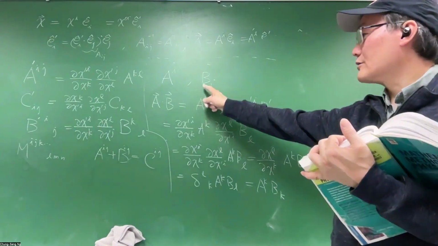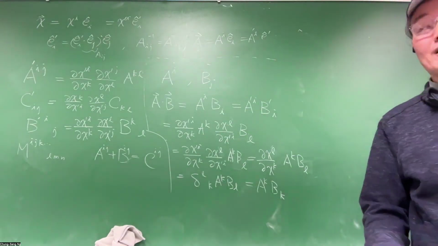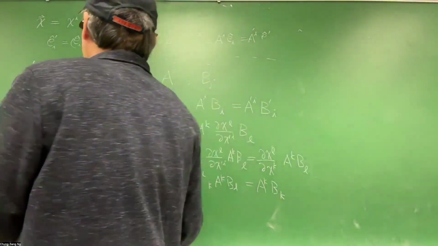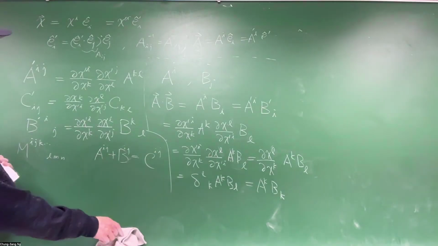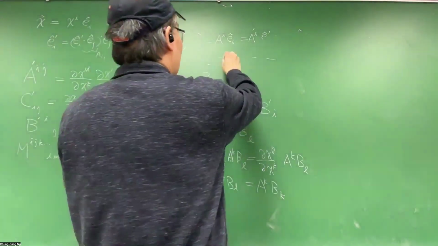So that is contraction between two vectors, and you can generalize that to any components. It doesn't have to be between vectors. You can contract a tensor with a vector.